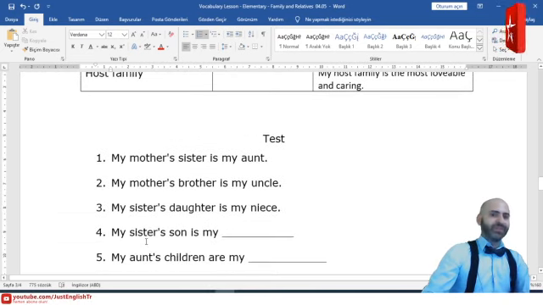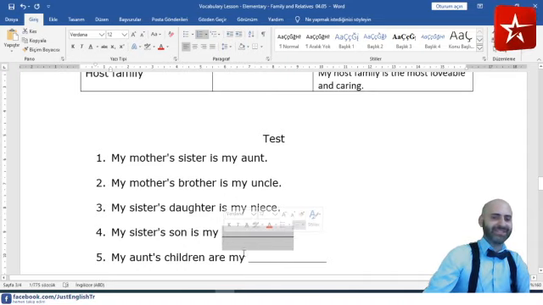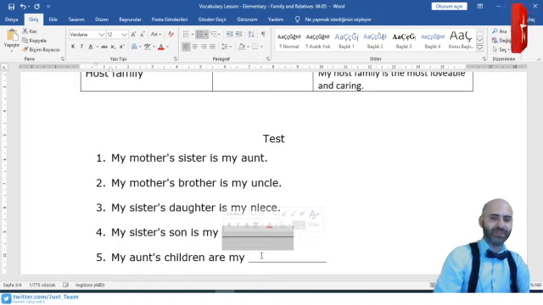Okay, here we go. Question number 4. My sister's son is my... I already see a lot of correct answers for this one. My sister's son is my... I will use Ayfer's answer for this one. My sister's son is my nephew.